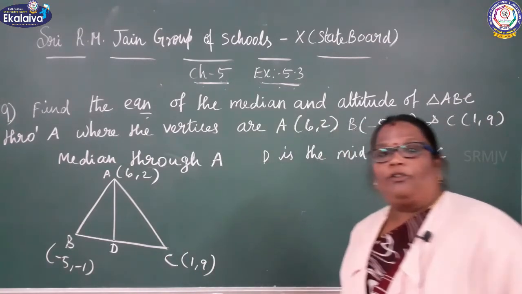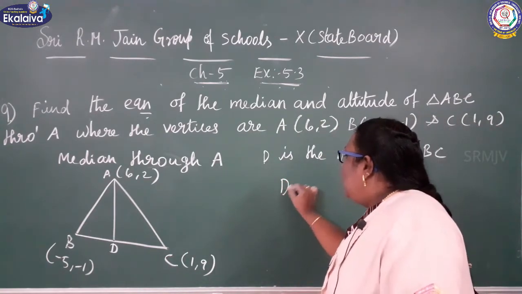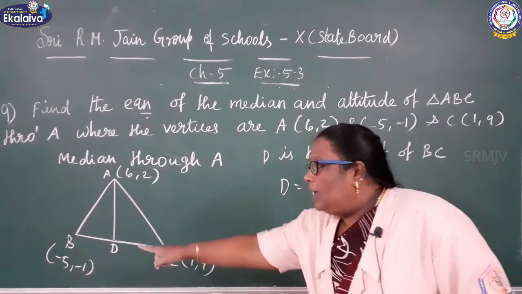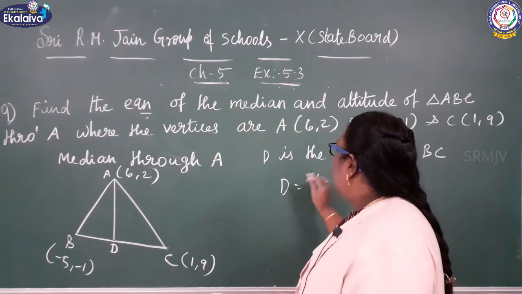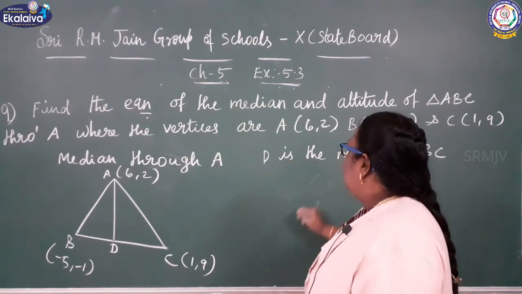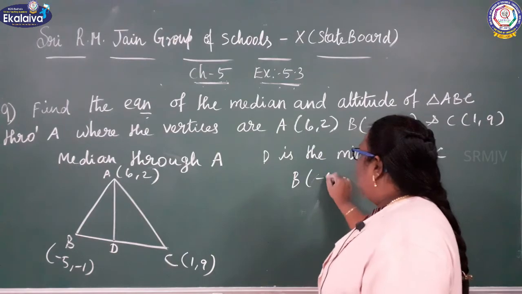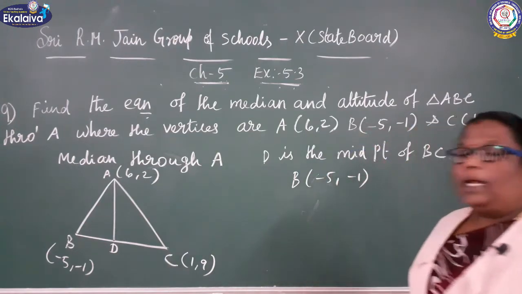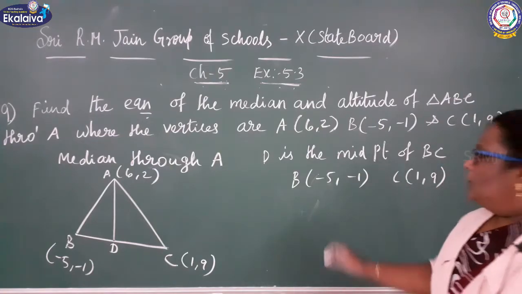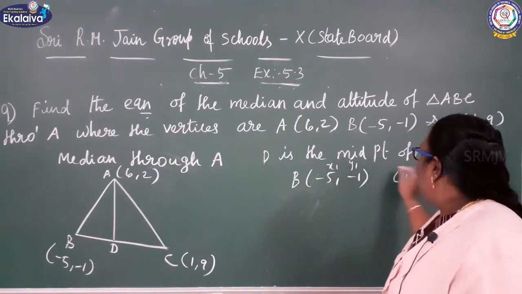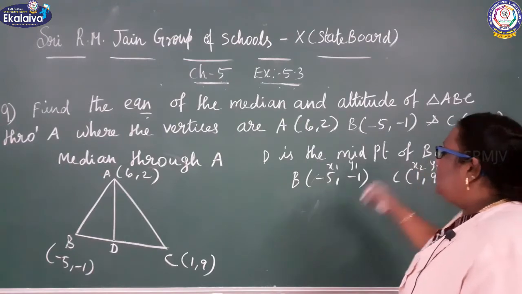B point is minus 5, minus 1 and C point is 1, 9. So this is x1, y1, x2, y2.